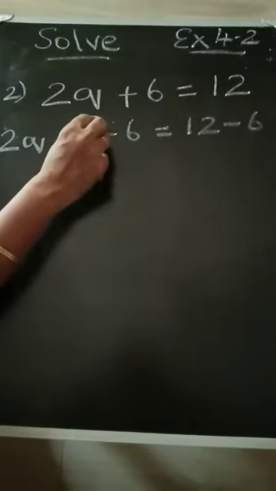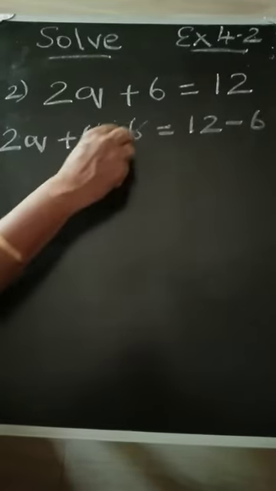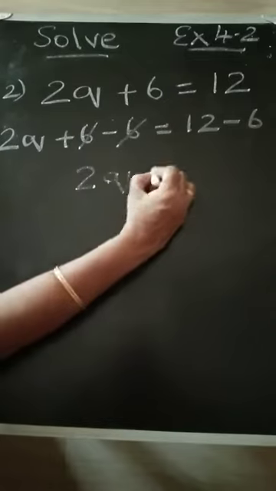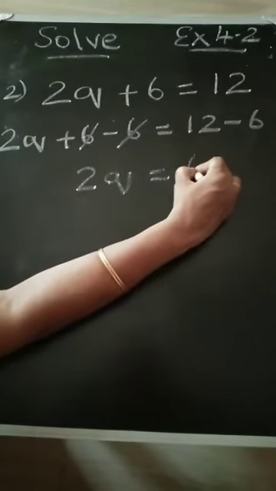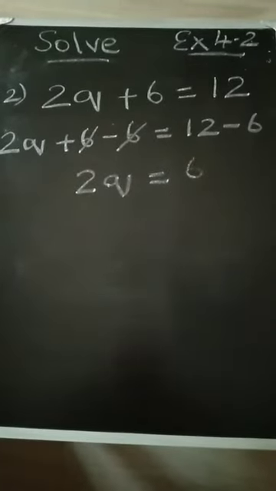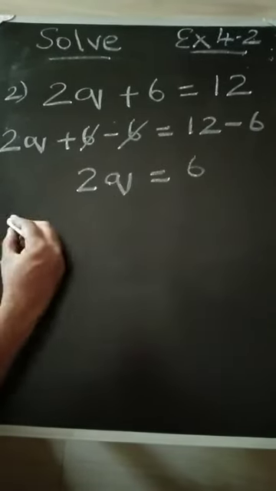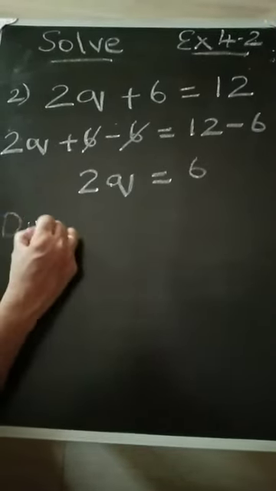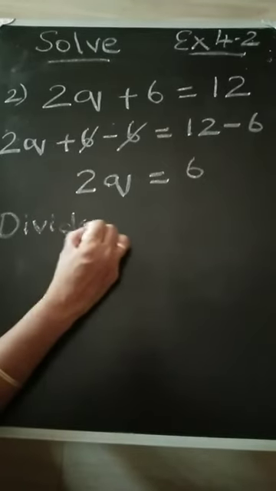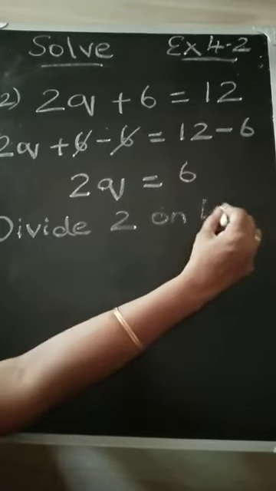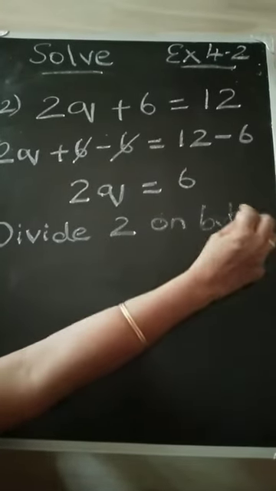Now, what happens? The 6 and 6 will get cancelled. So, 2q is equal to 12 minus 6 is 6. Now, here 2 is multiplied. So, I have to divide 2 on both sides.